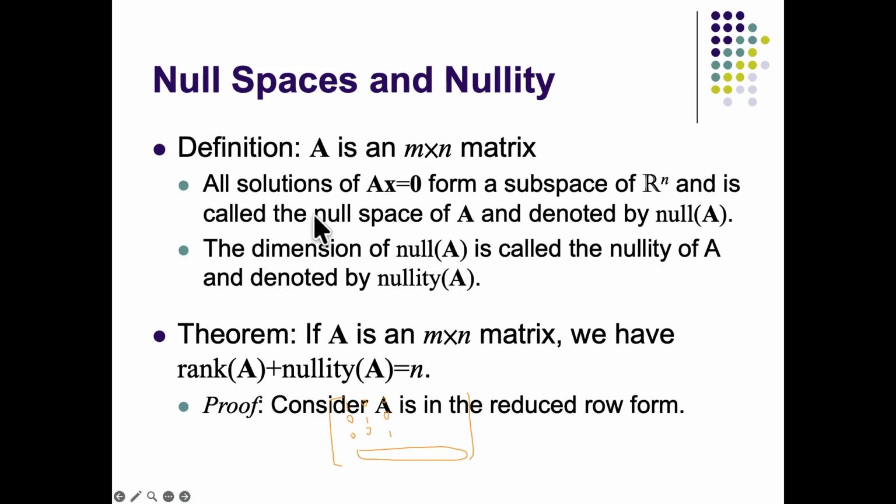The first point is not new. We know that from the null space discussion. But the second one is interesting. The dimension of null A is called the nullity of A, denoted by nullity A. And then if A is an n times n matrix, we have rank A plus nullity A equal to n.